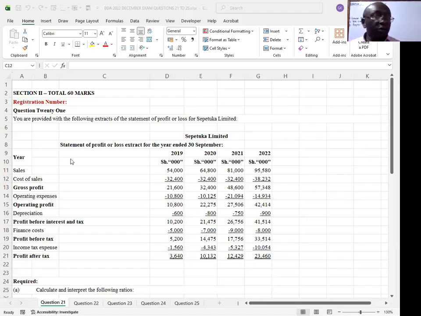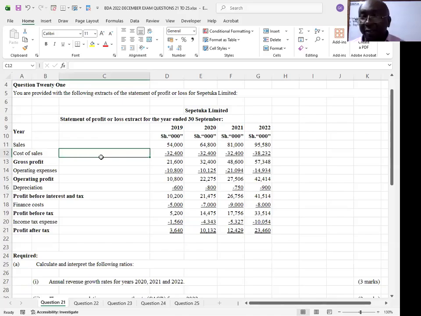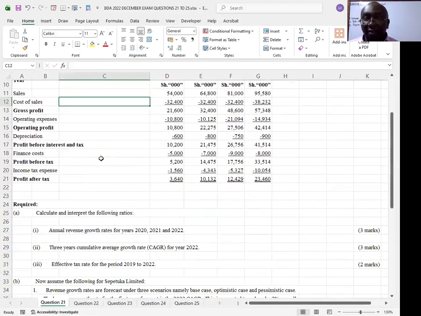So question number 21 says, you are provided with the following extracts of the statement of profit or loss for Sepetuka Limited. So we have the statement of profit or loss extract for the years 2019, 2020, 2021, 2022.